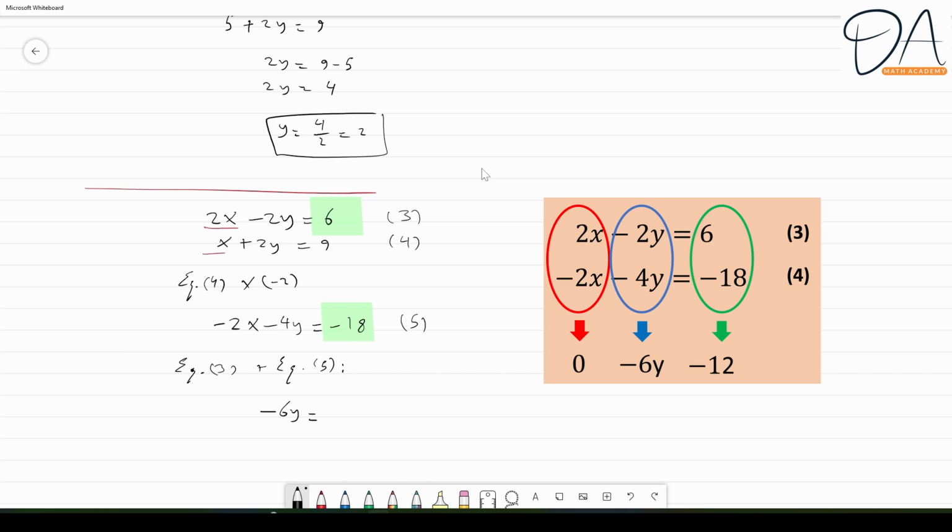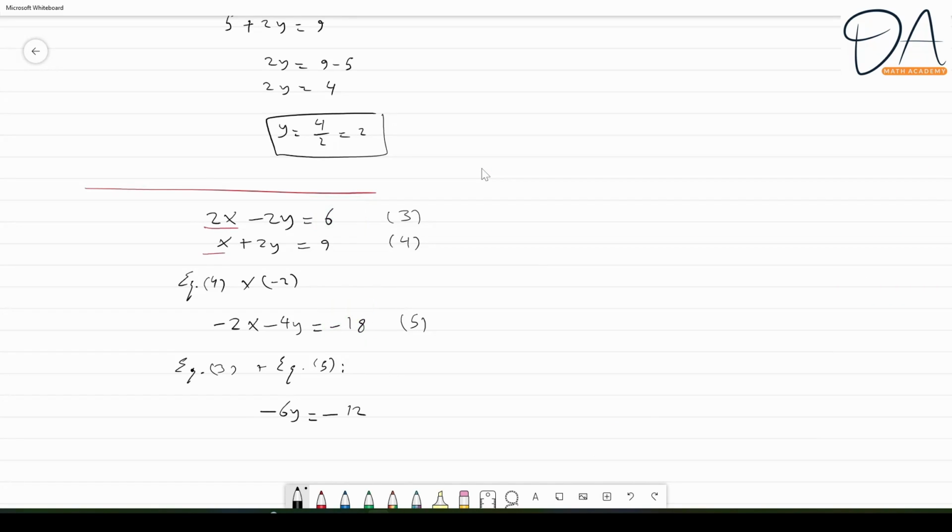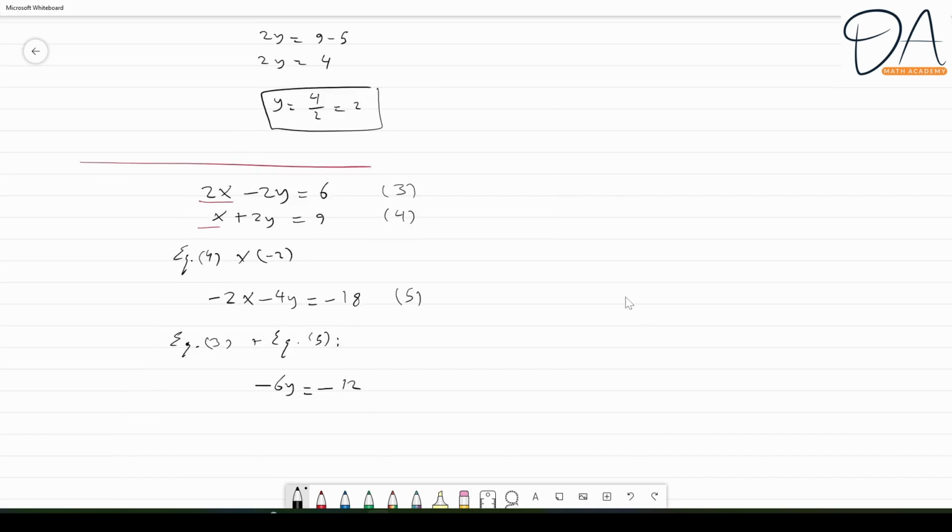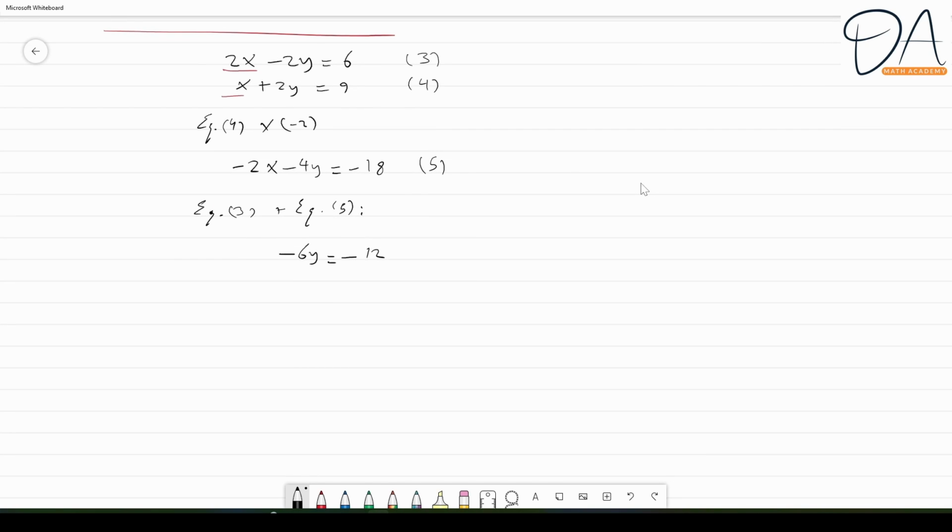So you have different signs. We'll subtract 18 minus 6, that gives you 12. And since the larger in this case is negative, the final answer should also be negative, so you'll get minus 12. Now, in order to get the value of y, we need to divide both sides by minus 6. When you divide by minus 6, the minus 6 on the left side will go away, so you'll get y.